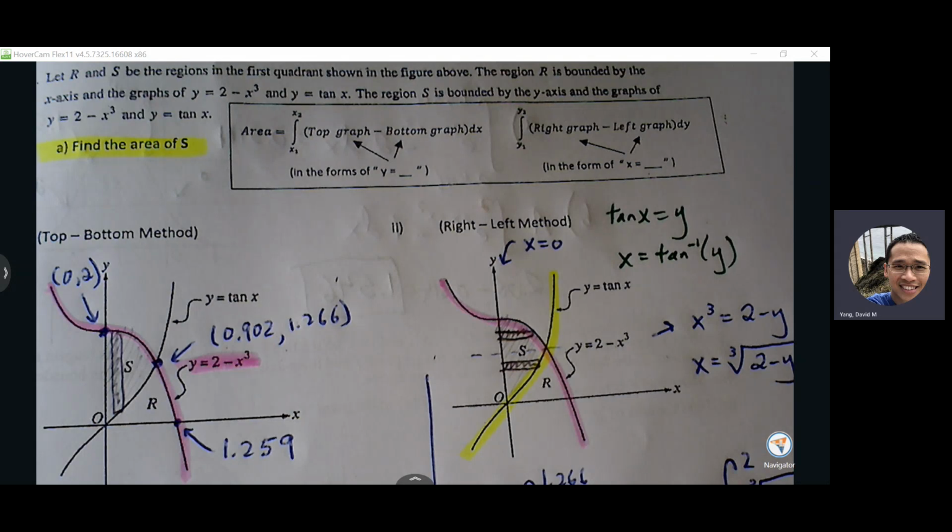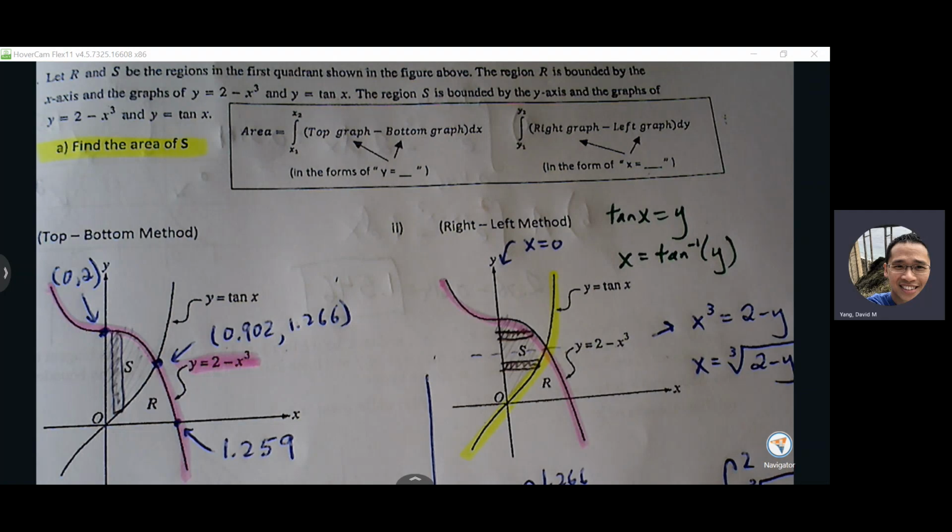And if you can get that information down, then really we're just taking the same information and adapting it to volume. Whether it's disk method, washer method, or cross section, it's the same piece of information. You're just putting it into a different formula. So I think the most important and also the most difficult part is understanding what's needed for right minus left, what's needed for top minus bottom, and not mixing things up and knowing exactly where things go.